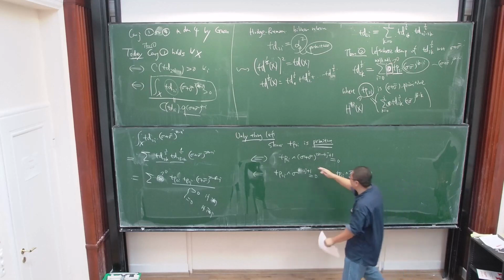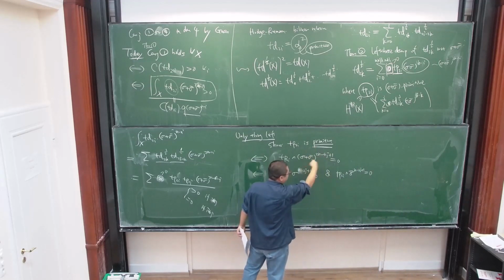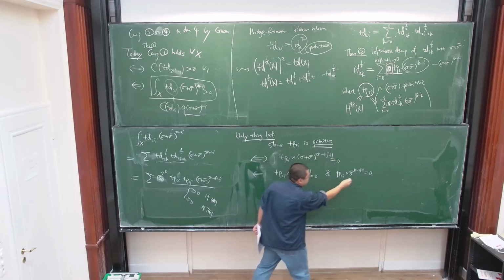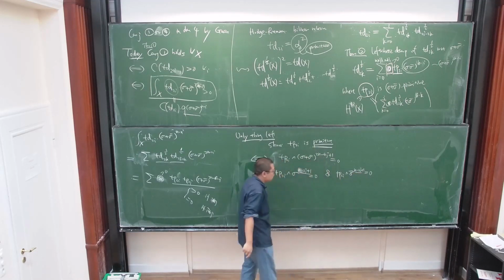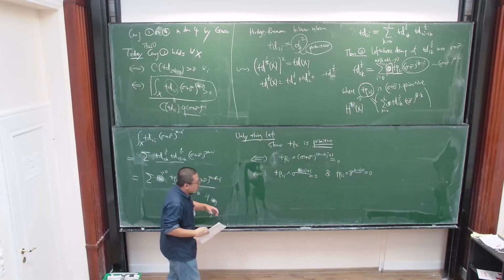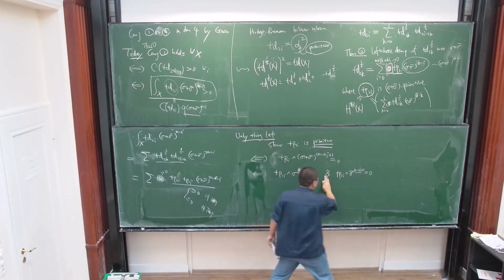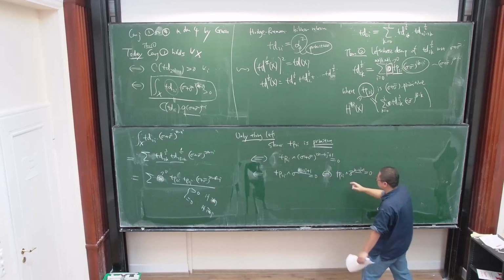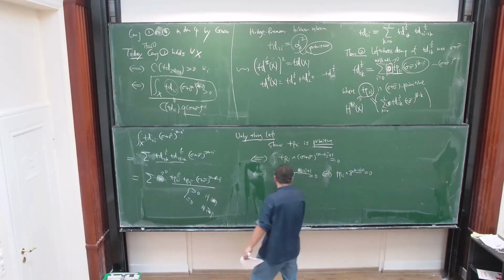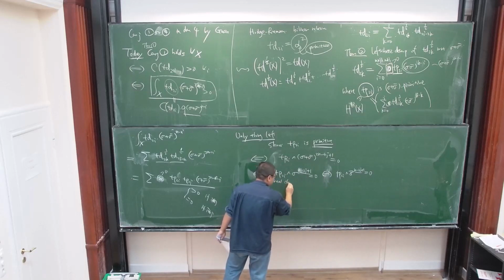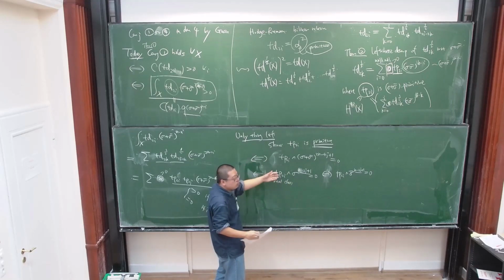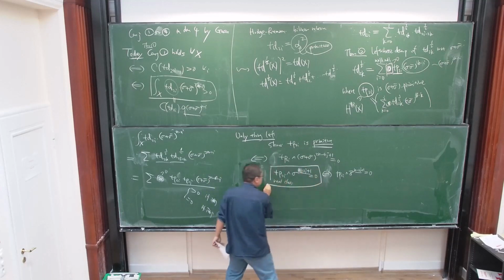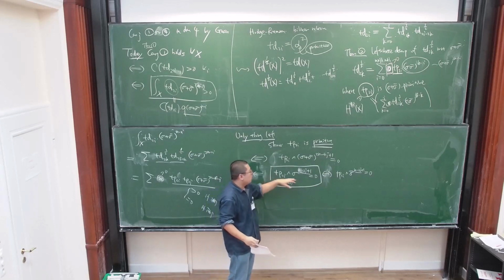Because if you expand this, at least one power of sigma or sigma bar is higher than this power, because this is half of this number. But then it turns out that these two are equivalent, because this TP2I is real. So this is a real class. That means it's conjugate to itself. So then we only need to show this one.